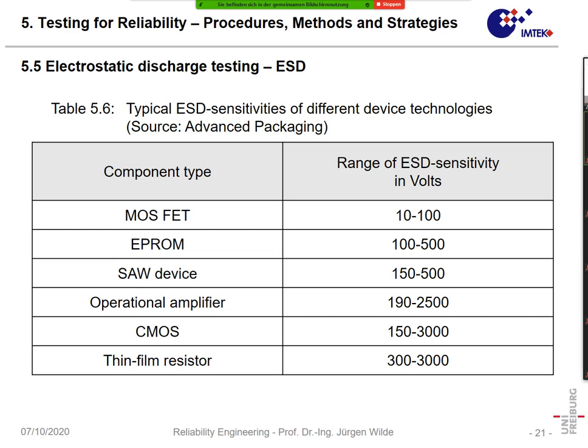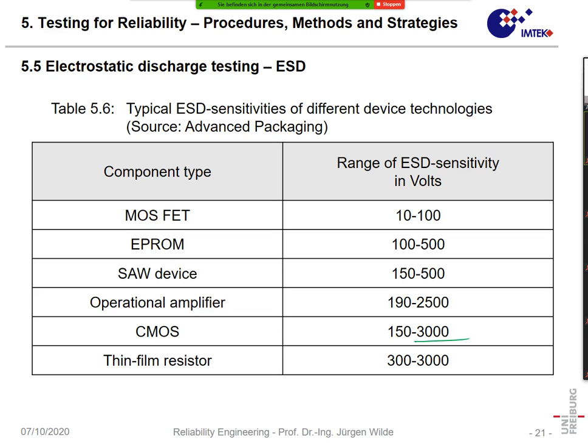And now if ESD acts on devices, these devices are differently sensitive. So we have a MOSFET where it's only a few hundred volts, at least for the old style MOSFETs. On the other hand, modern CMOS devices can tolerate up to 3000 volts of ESD.